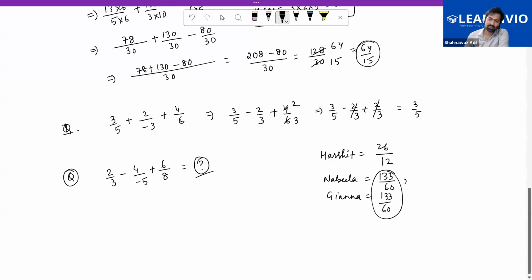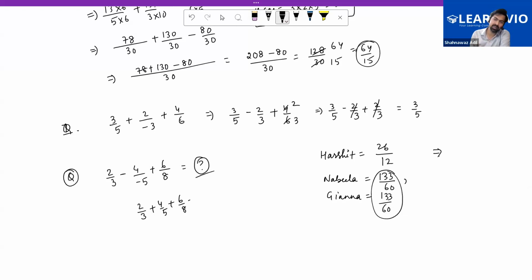So, okay, let's check, right? First thing is that this is minus, this will become plus, right? And then we have to take the LCM. I have a bad habit of this, right? Whenever we have an equation, then we write this multiplied by.